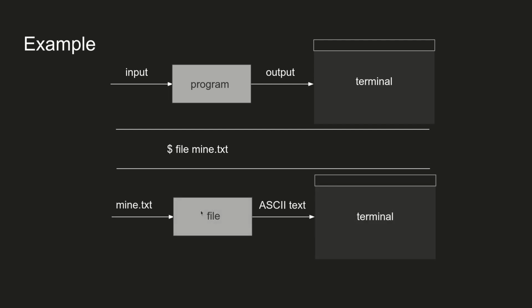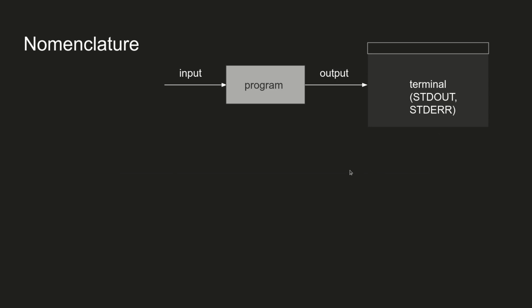Mine.txt is the input to file, and its output is ASCII text, which is the file type of the file. And this is printed to the terminal window. Now, sometimes we'll call the terminal standard out or standard error. These are technical terms for programming.